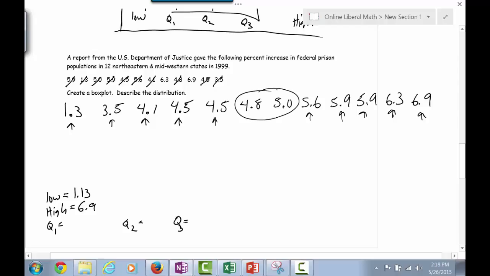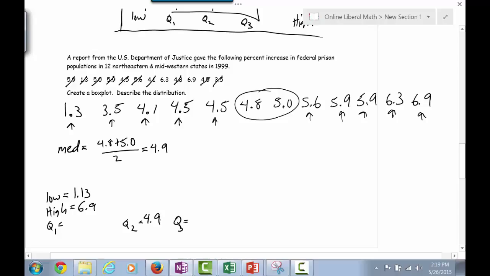The middle 2 are 4.8 and 5.0, and since there's 2 of them, to find the median, to find Q2, I want to add them up and divide by 2. So the median is 4.8 plus 5.0 divided by 2, which is 4.9. So Q2 is 4.9.